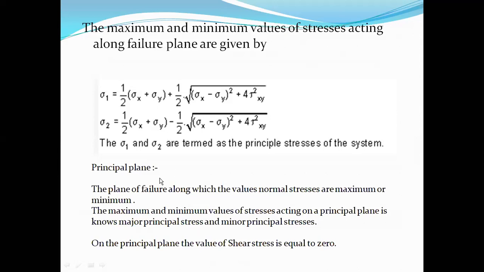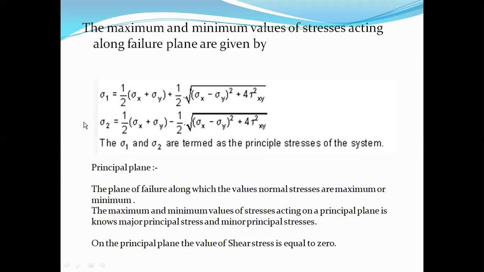Now, what exactly is the principal plane? The principal plane is the plane of failure along which the values of normal stresses are either maximum or minimum. That plane is called the principal plane. The maximum and minimum values of stresses acting on the principal plane are also known as the major principal stress and the minor principal stress.